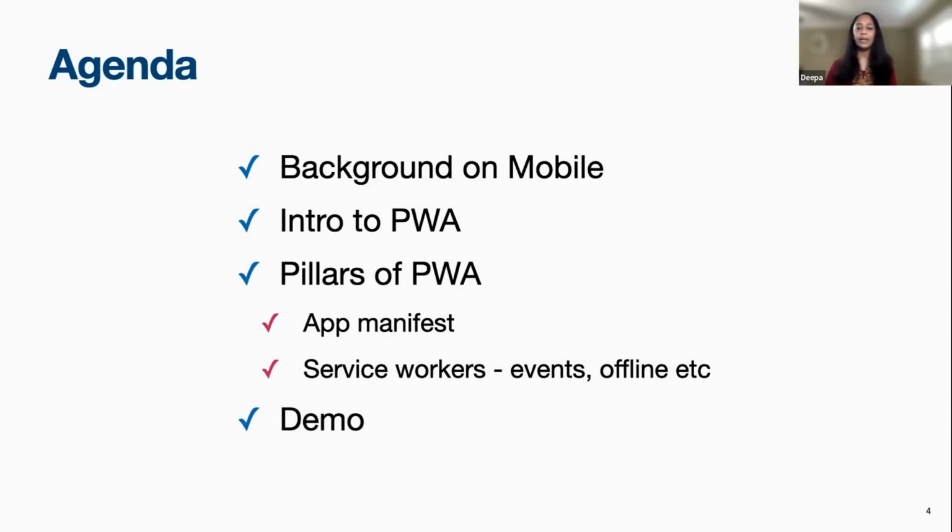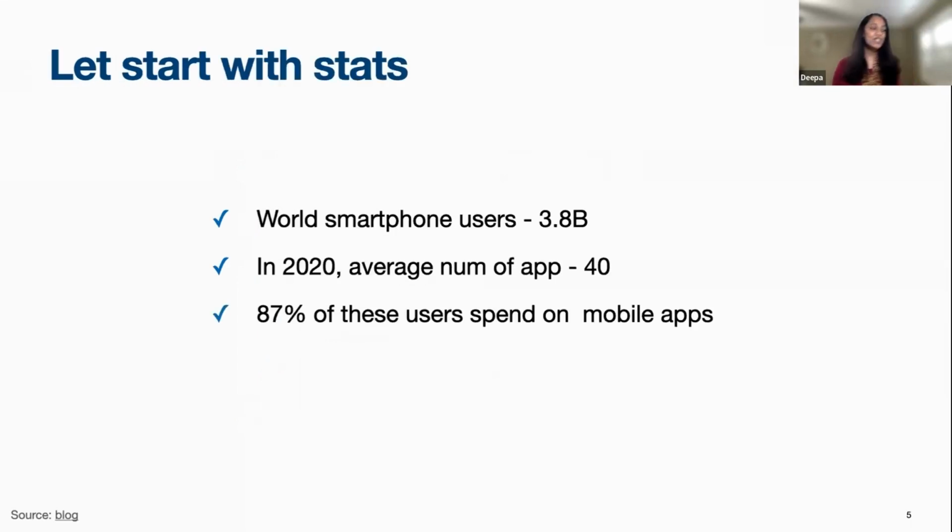We'll be breaking out for questions in between because there's a lot of information, so I want to make sure that people get the concepts that I will be talking about. And just to give you some stats, half the human population on the planet uses smartphones today.